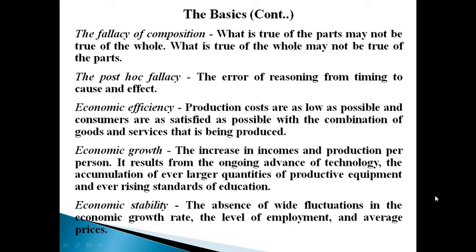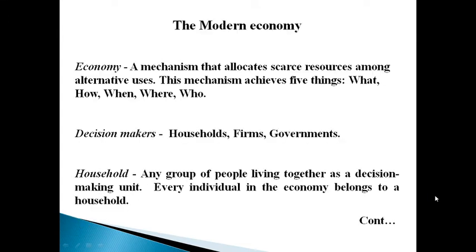It results from the ongoing advance of technology, the accumulation of ever larger quantities of productive equipment, and an ever rising standard of education. Economic stability: the absence of wide fluctuation in the economic growth rate, the level of employment and average prices. That is economic stability.